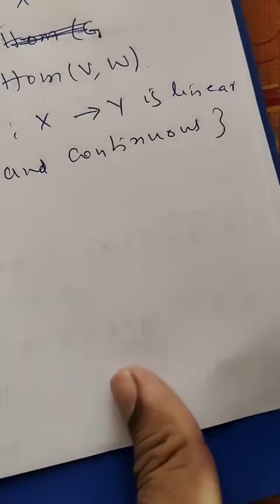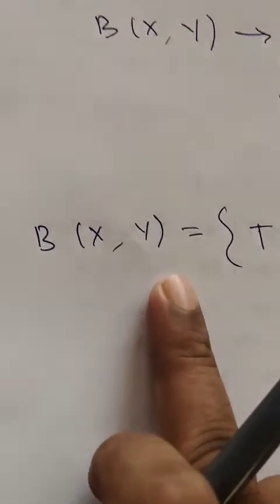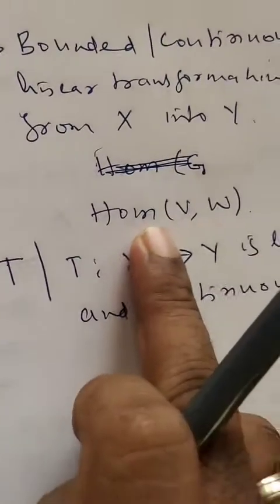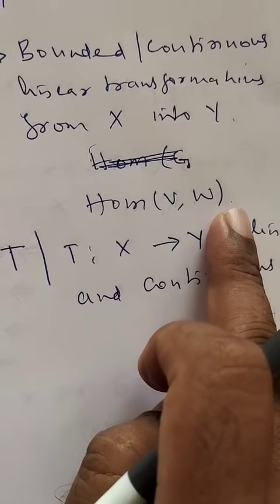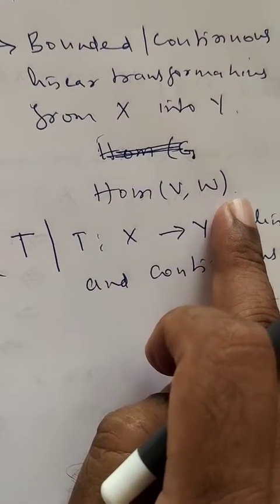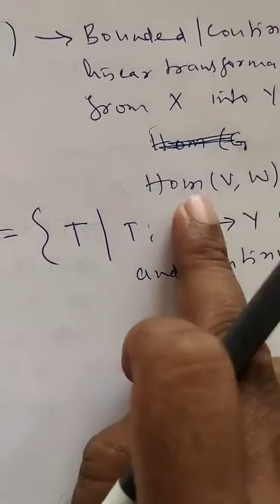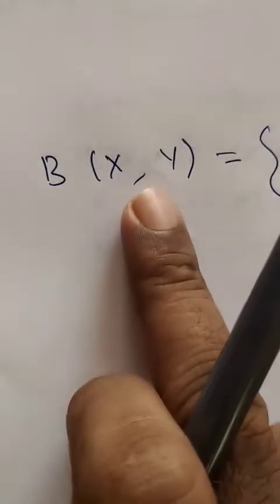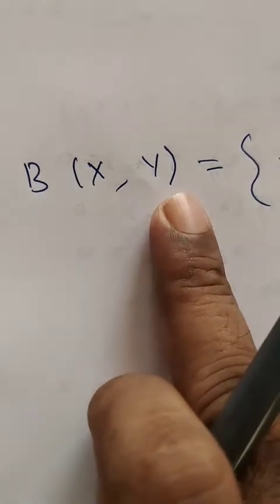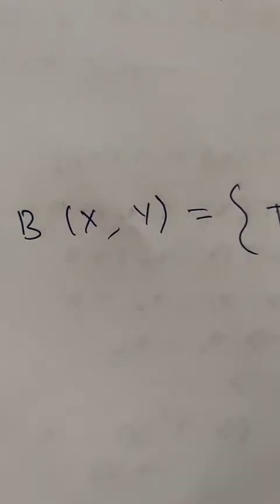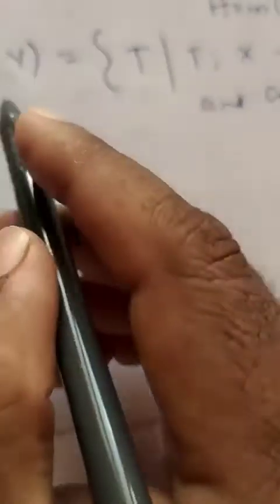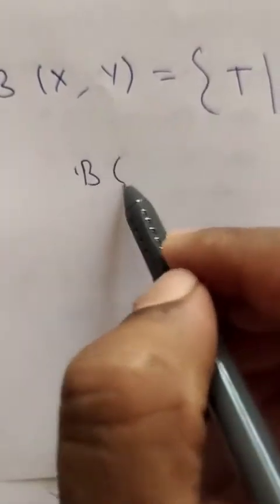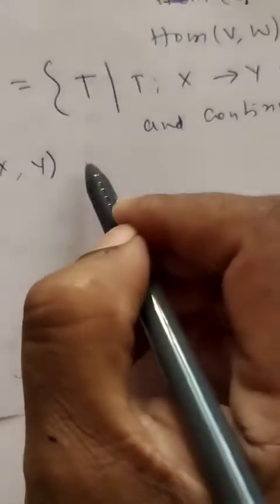So now the question is, can we make this B(X,Y) a Banach space? There we have shown that Hom(V,W) is a vector space. You know how to prove Hom(V,W) is a vector space; you have all done this. Now, can we make B(X,Y) a Banach space? Before that, can we make B(X,Y) a normed linear space?